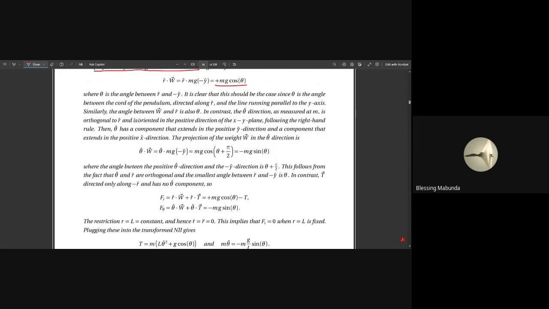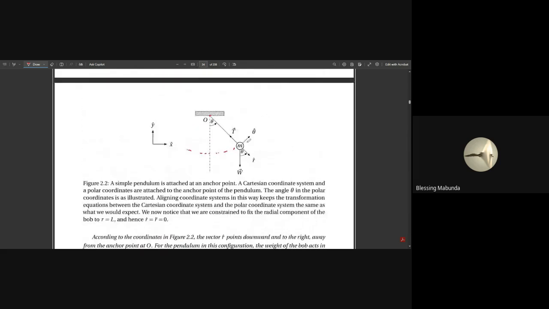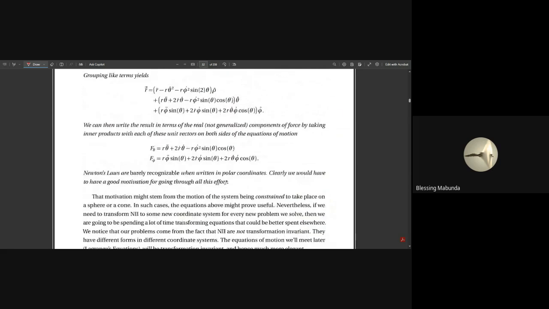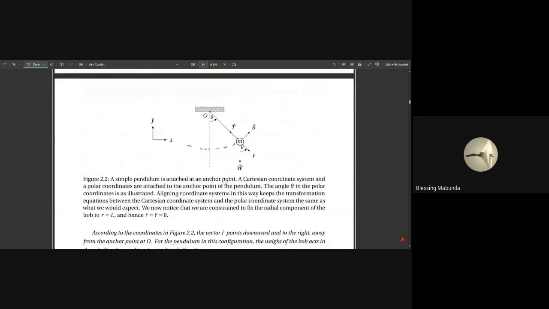In contrast, the theta hat direction is orthogonal to r hat. That relationship you can always expect to be true. R hat and theta hat are always going to be perpendicular to each other. As you can see, in all the drawings I've made, these two components are perpendicular to each other, always orthogonal.